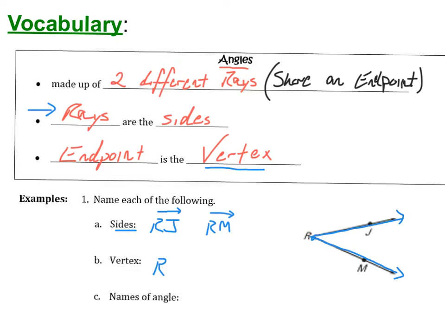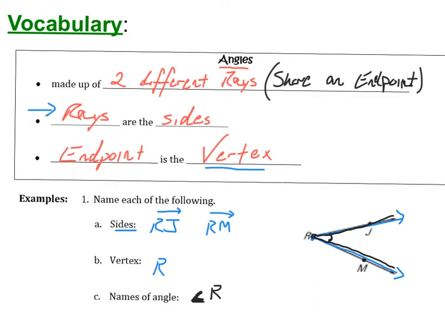Now, as far as names of the angle go, first thing I need to include is the symbol for angle. So it's just a small little symbol like this, just to show that I am referring to an angle. Now, in this case, I could simply call it angle R, named after the vertex, because there's really only one angle in this picture. There's no confusion. I know I'm referring to this angle right here.